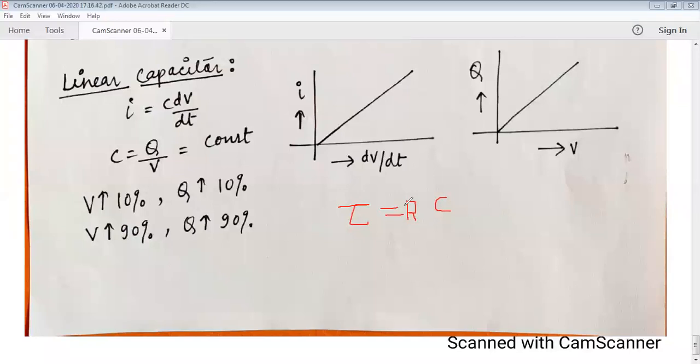Next class we'll start the active elements, voltage source and current source, because we have completed all the passive elements: the basics of resistors and conclusions, then inductor basics and conclusions, and then capacitor also, linear and non-linear capacitors, linear and non-linear inductors. Everything is completed up to here.